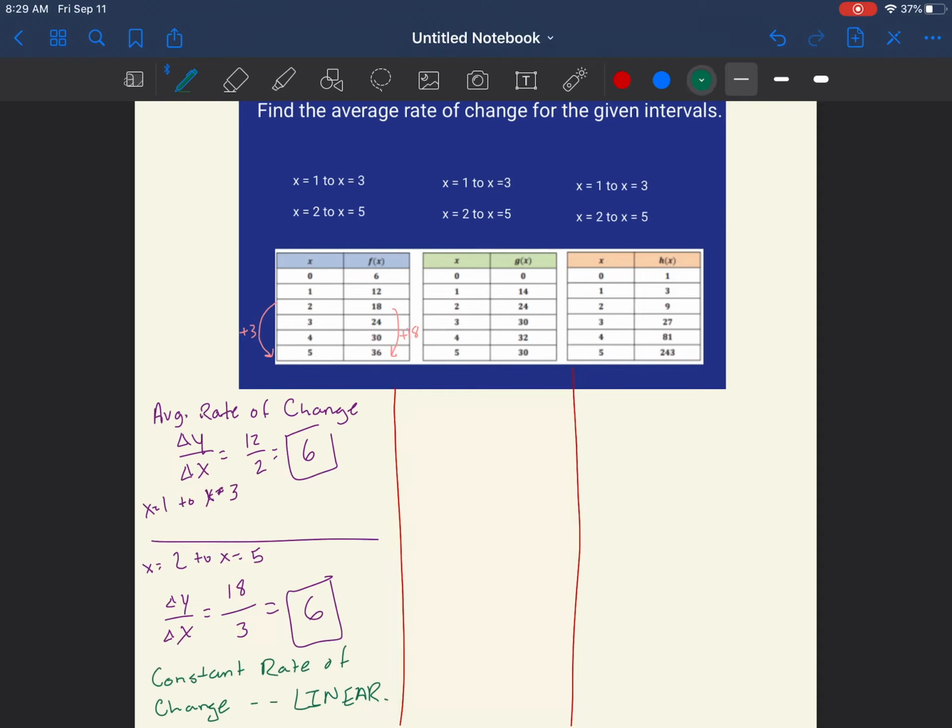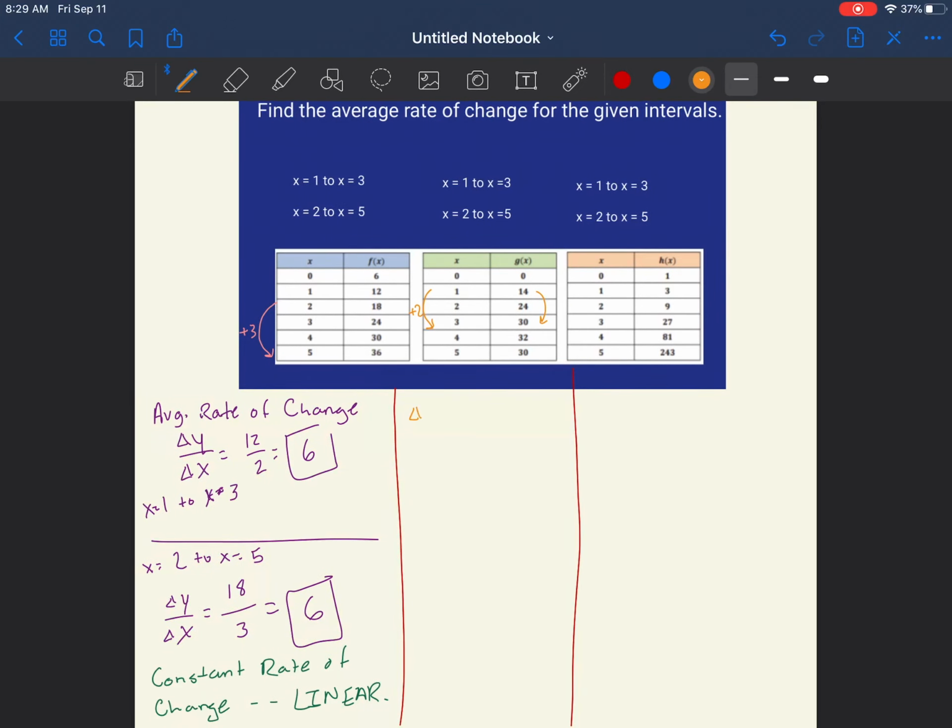Let's move on to the second table, the one in the middle. We have the same ordeal. We're going from 1 to 3, so that's plus 2 again. And our outputs go from 14 to 30.